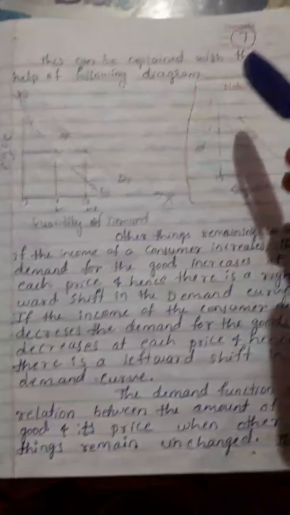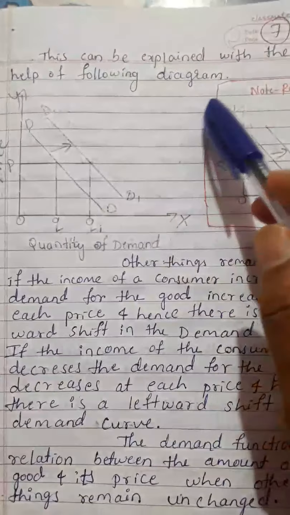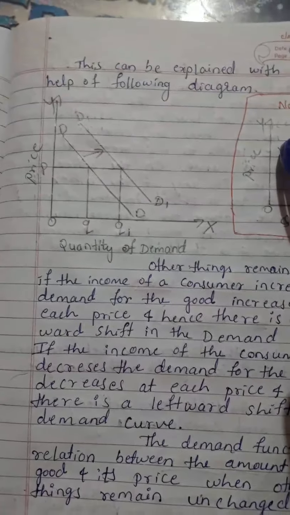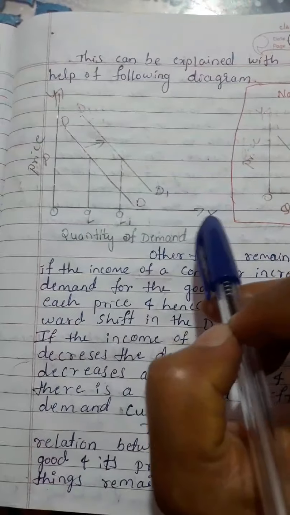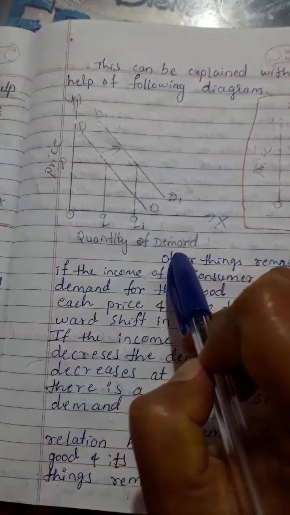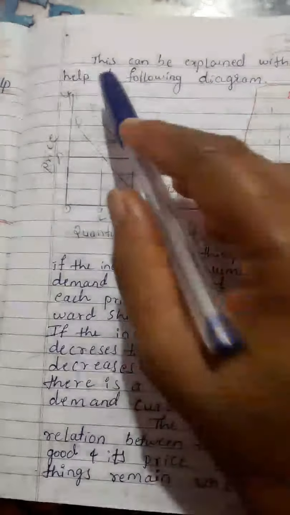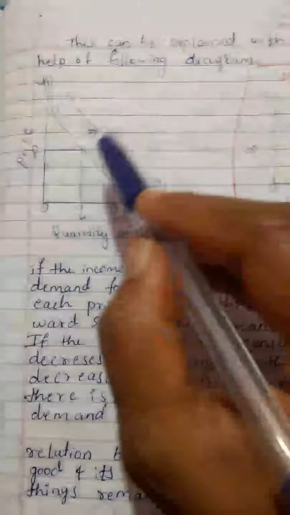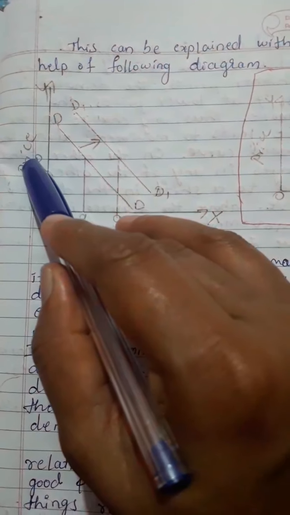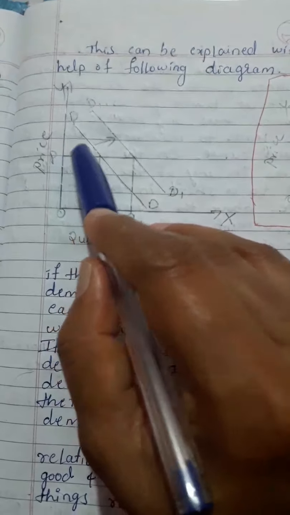Next it will be helpful to explain with the help of the diagram here. For example, here given the diagrams, OX axis it is the quantity of demand, OY axis it is the price of the commodity, and here price is a constant.